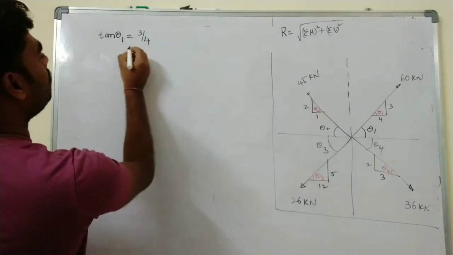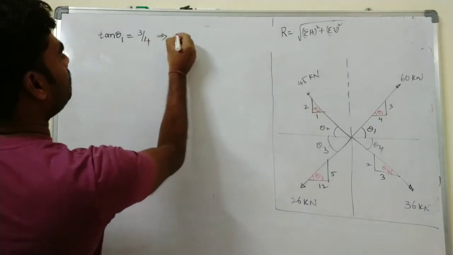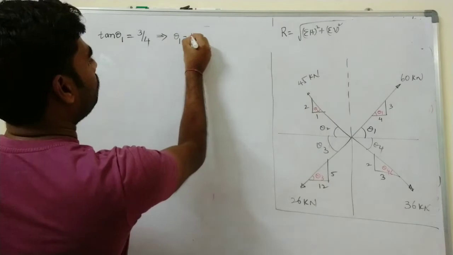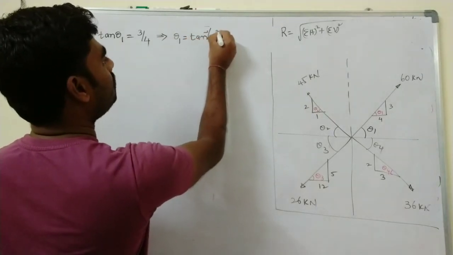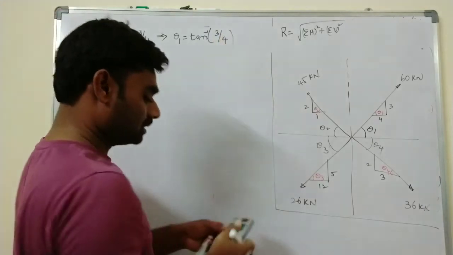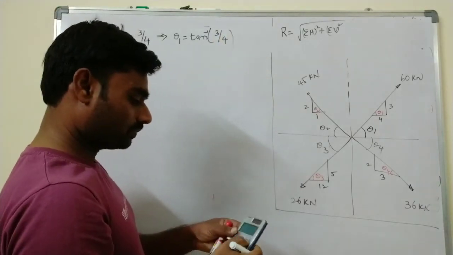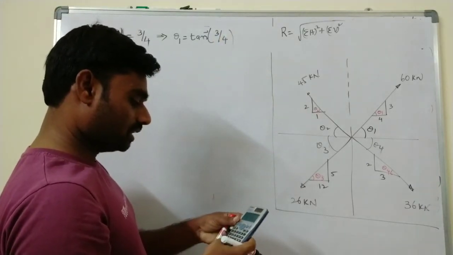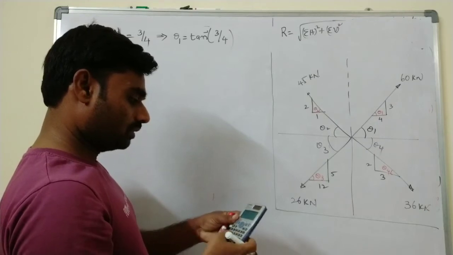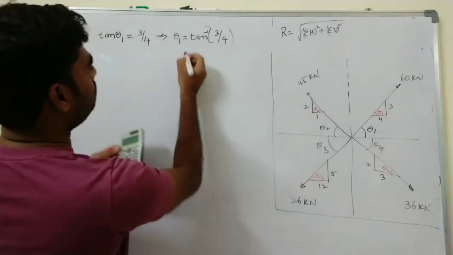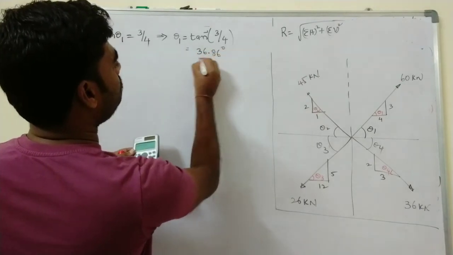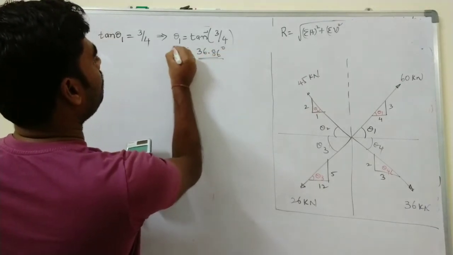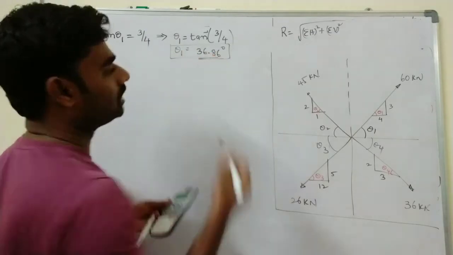From this equation, theta 1 equals tan inverse of 3 by 4, which equals 36.86 degrees. So this is the theta 1 value.